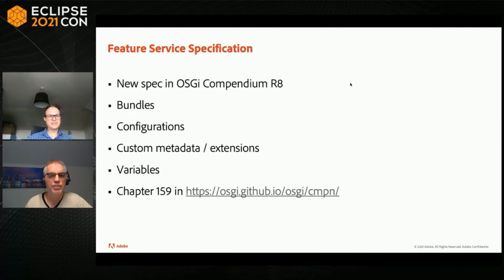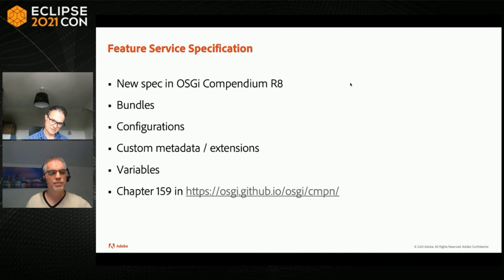So as I said, Compendium R8 is now finished, and one of the specifications is the new feature specification. And this specification is basically a baseline that, as Carsten said, can be used to build other technologies on top of. And right now, it is just the feature model itself, where you can specify bundles, configurations.